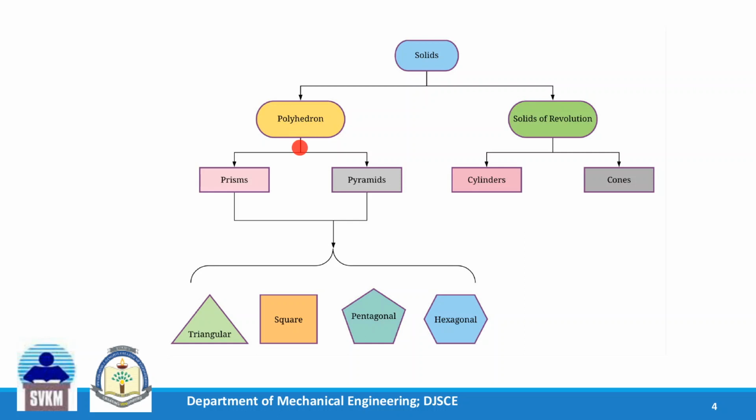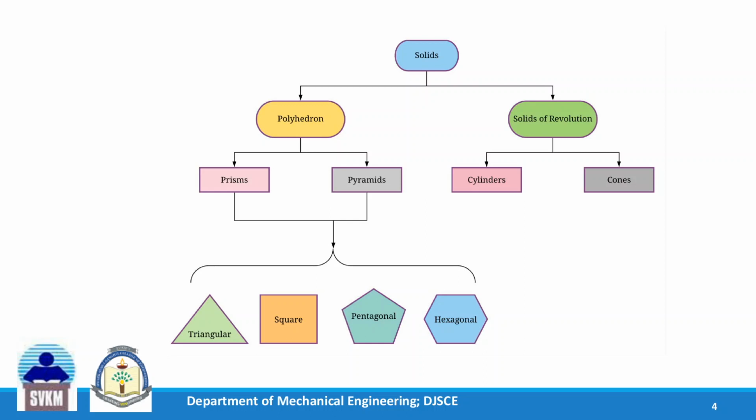Now polyhedra can be subdivided into 2 types: prisms and pyramids. Prisms will have 2 polygons as their bases, and those polygons we are treating as regular polygons because we are concerned with regular solids only.